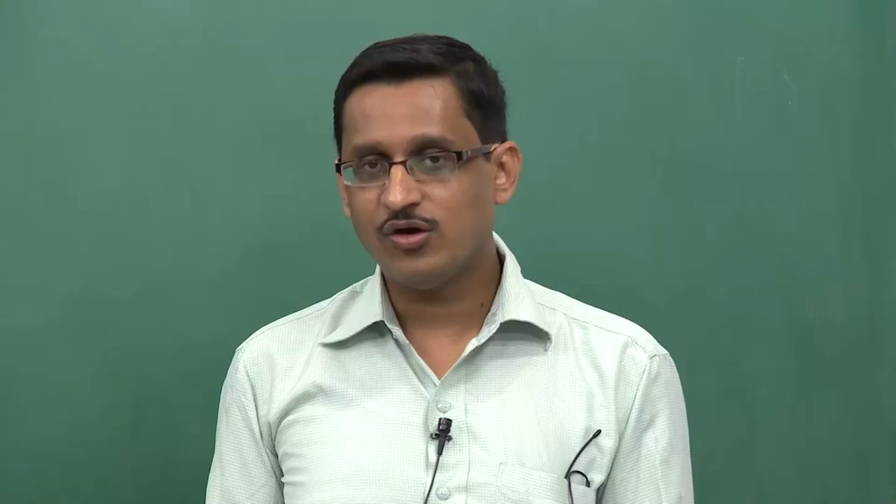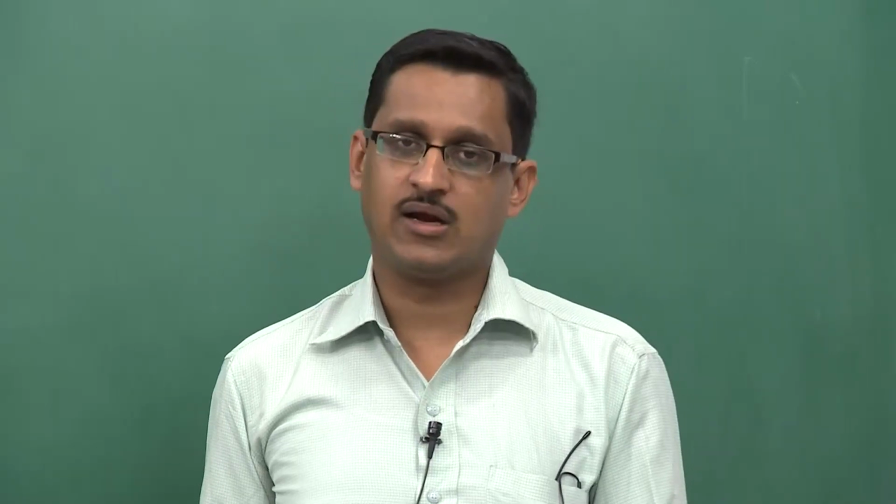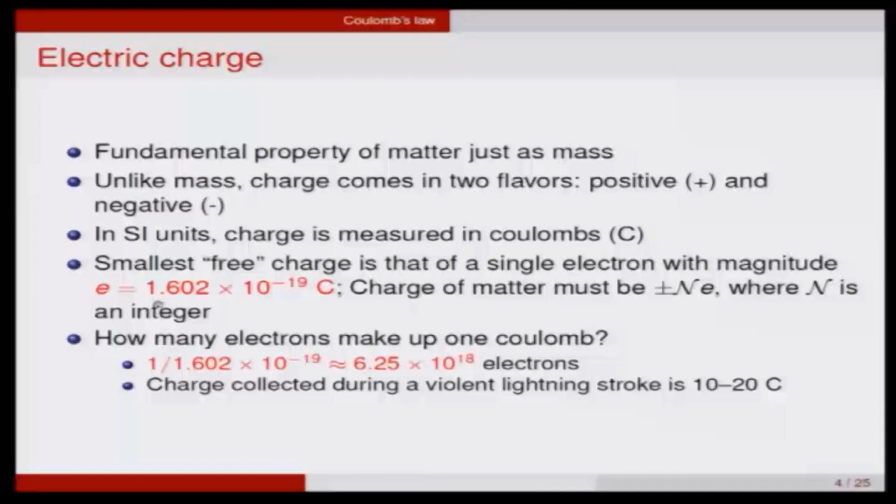Electrons are the smallest free charges that are available to us, and the magnitude of these charges is 1.602 into 10 to the power minus 19 coulombs. So, please note here the order of magnitude, this is 10 to the power minus 19, a very small number.